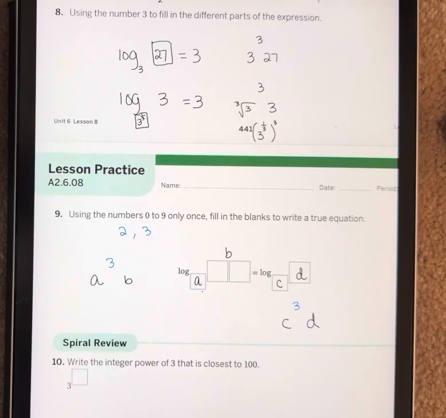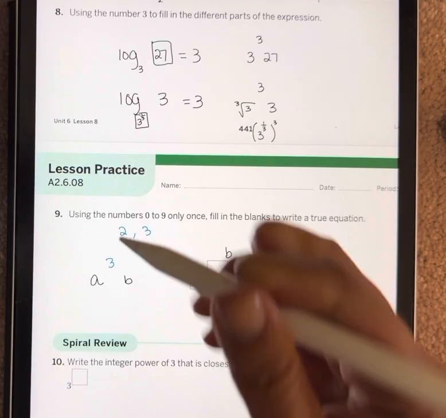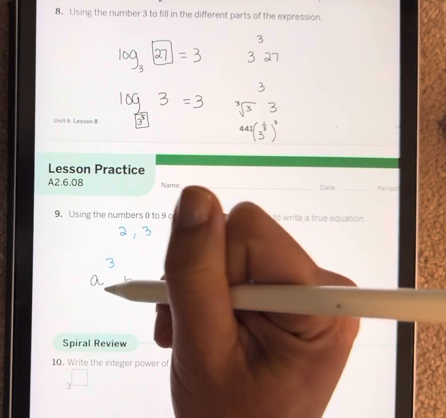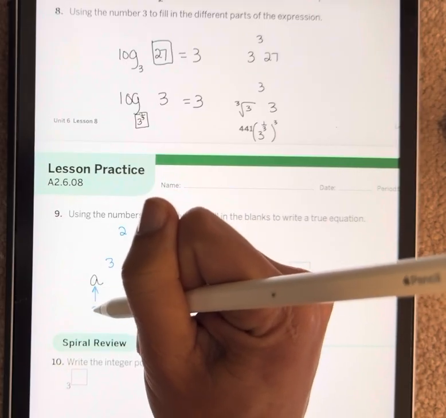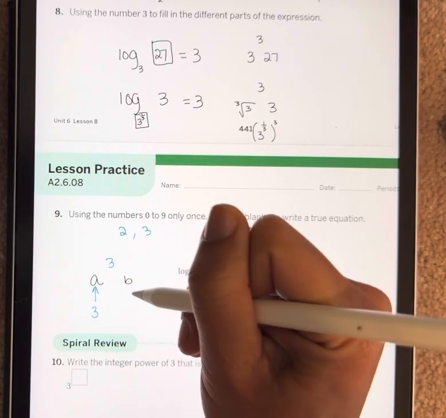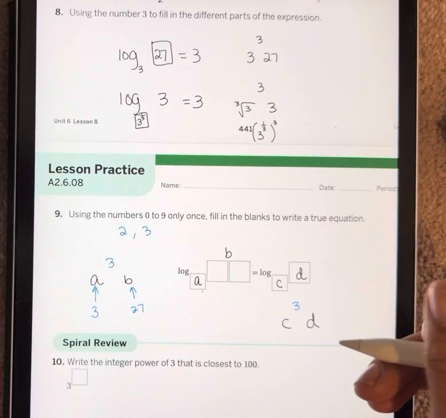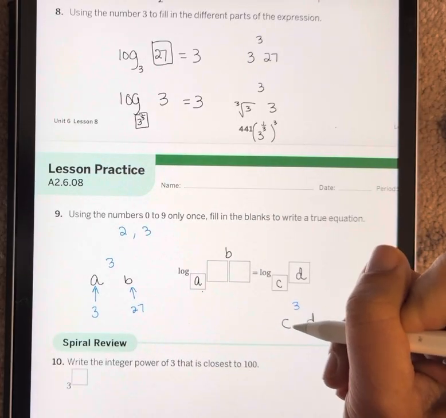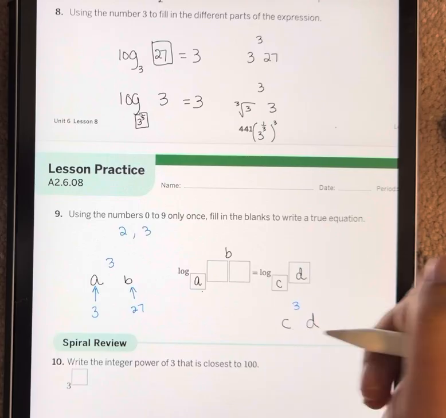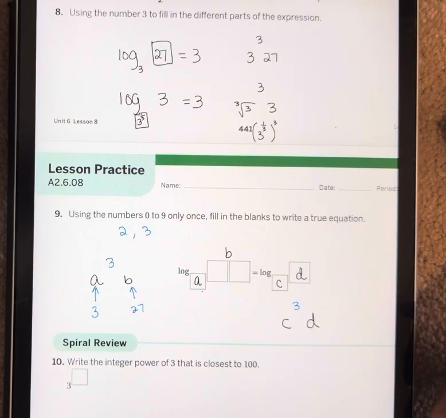Okay. So now I can do A to be 3. And 3 to the third would be 27. And then over here, if C is, let's say, oh, but now we can't use 2. That's what I knew would happen.